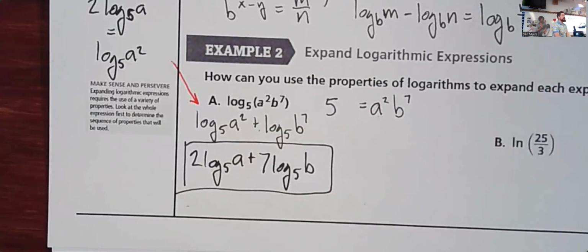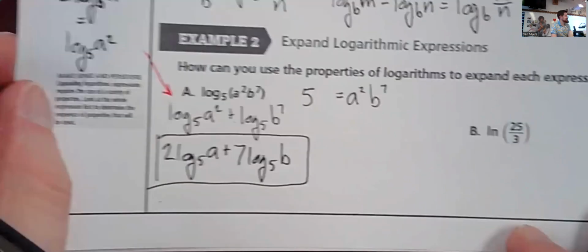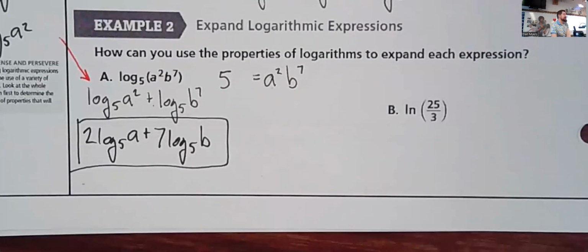Because as you add exponents to your argument, you're adding coefficient values to your logarithm. All right. Any questions about that before we continue? Because this is an idea that is going to be really helpful and really useful.